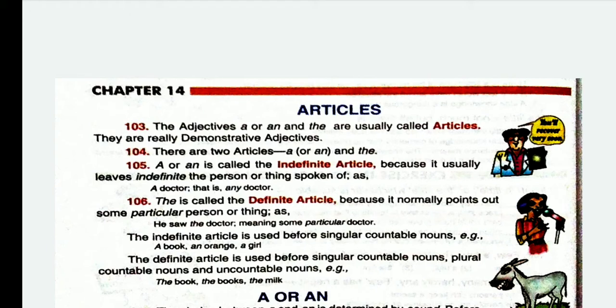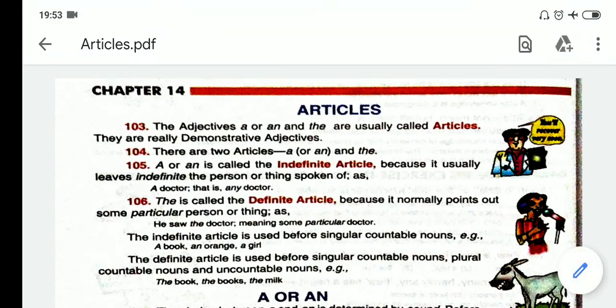So another thing that we should know by this is that the articles a, an, and the will be used with nouns, because adjectives come with nouns. Adjectives cannot come without nouns because adjectives qualify nouns. So one thing you should learn is that the articles a, an, and the come with nouns.